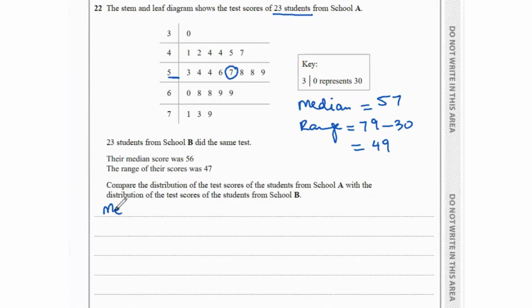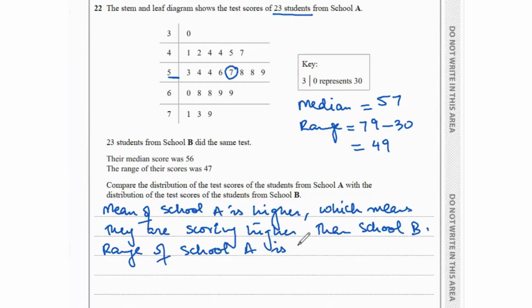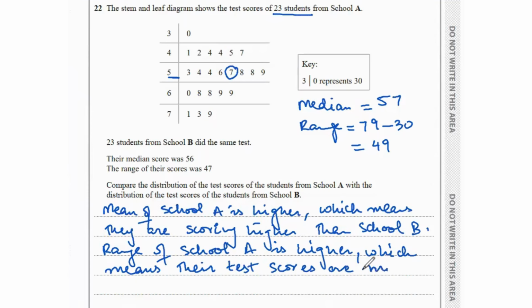We can say that the median of school A is higher, which means they are scoring higher than school B. The range of school A is higher, which means their test scores are more spread out.